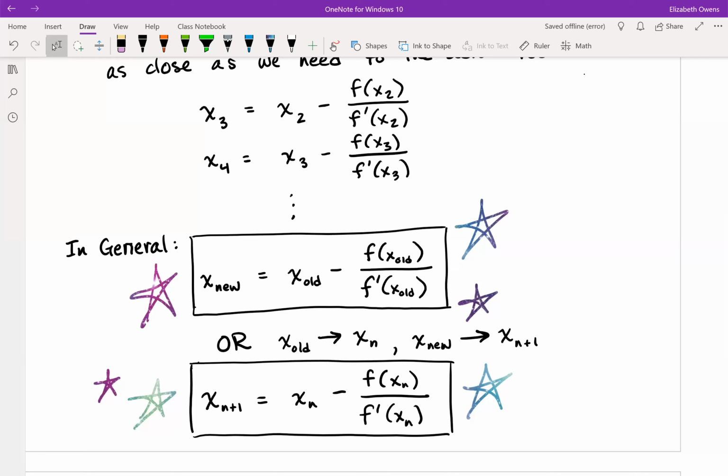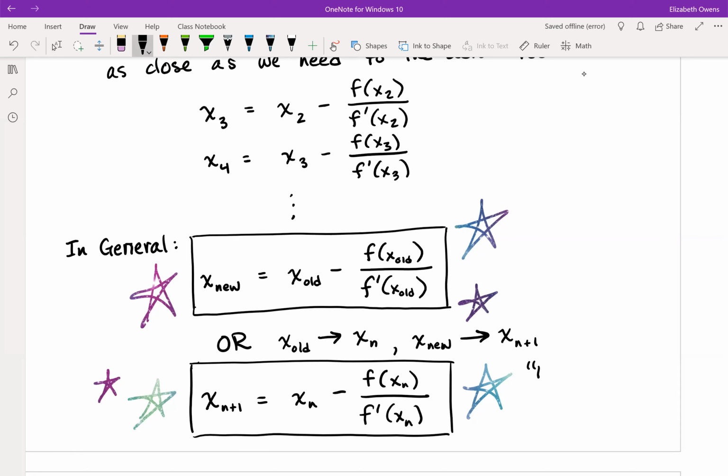But formulas like this actually come up a fair amount, especially in computer science, because computer programming is particularly well suited to taking a previous value or taking one value and then running the same process over and over and over again. I mean, computers are great at that. So you'll often see things like this coded up so that we can run this process over and over again.